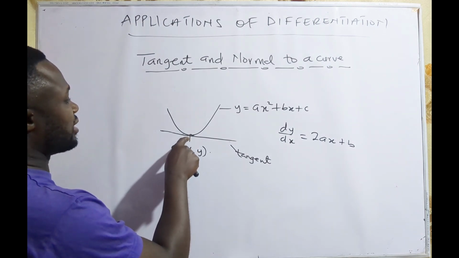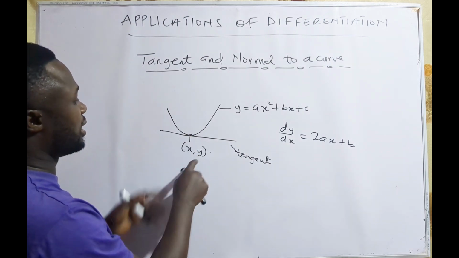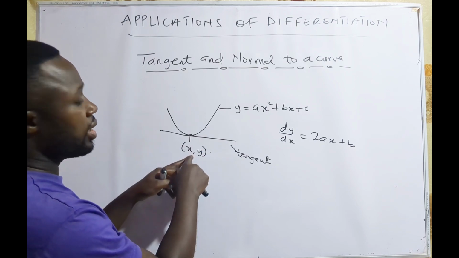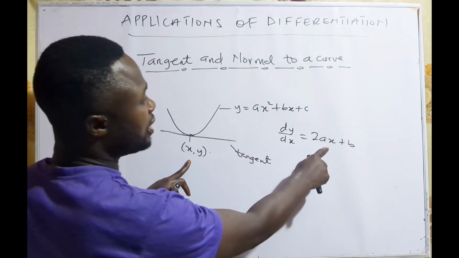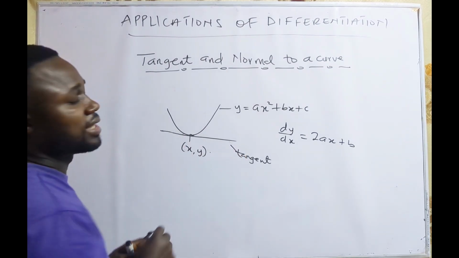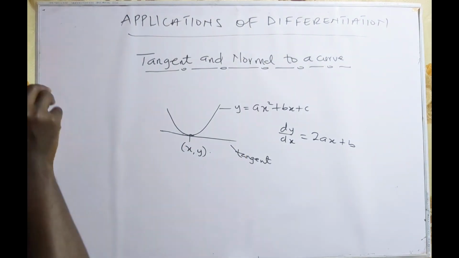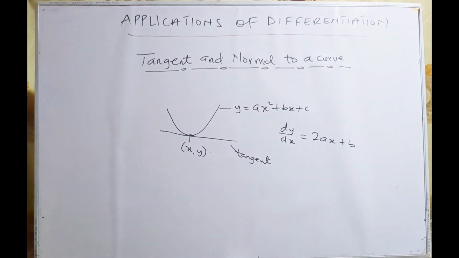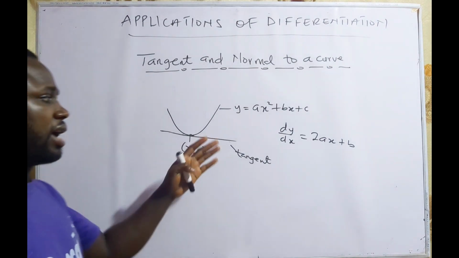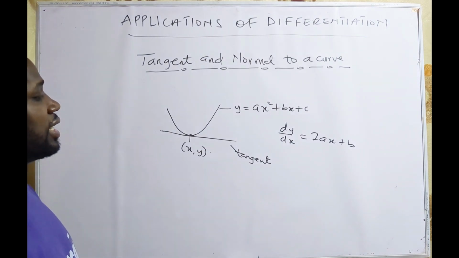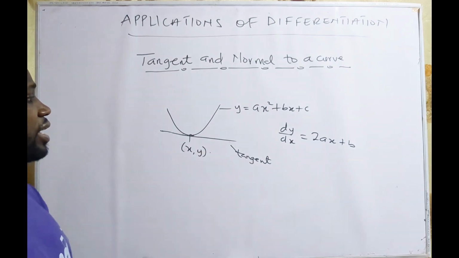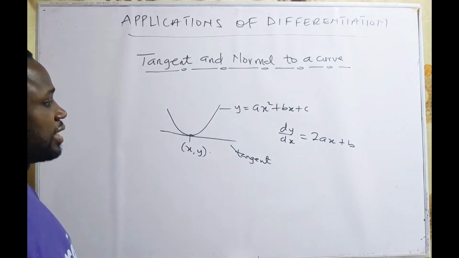If the tangent touches the curve at this particular point here, then if I substitute the point into the gradient function, I will get the gradient of the tangent. And if that is the case, then I can also be asked to find the equation of the tangent.